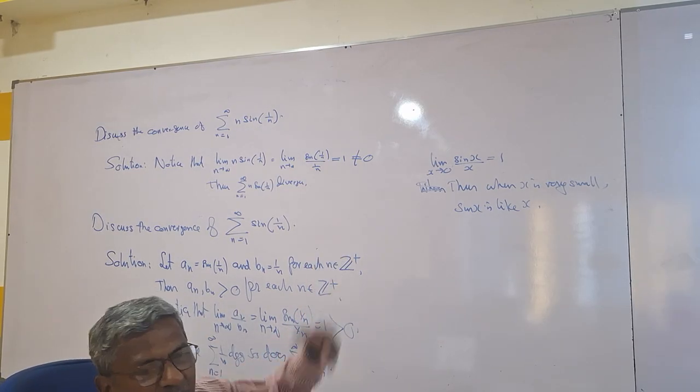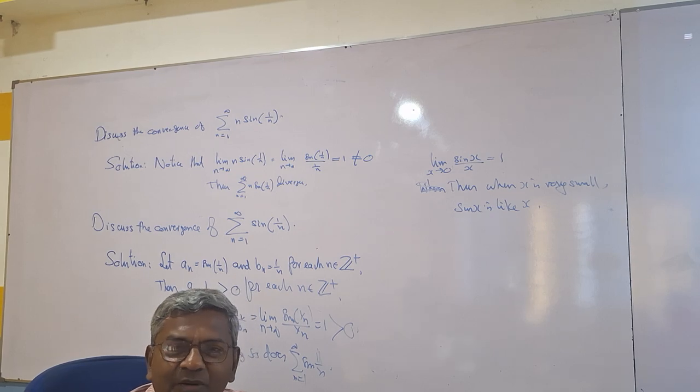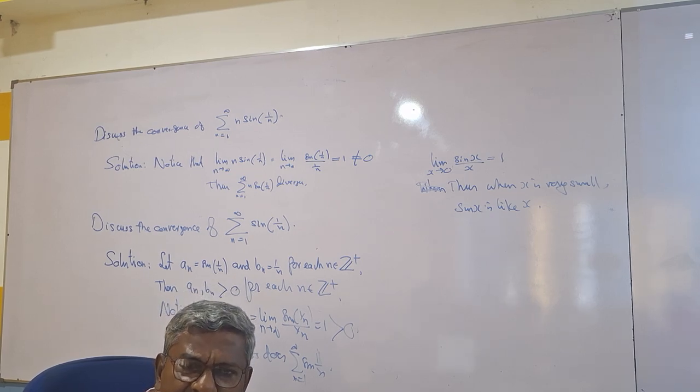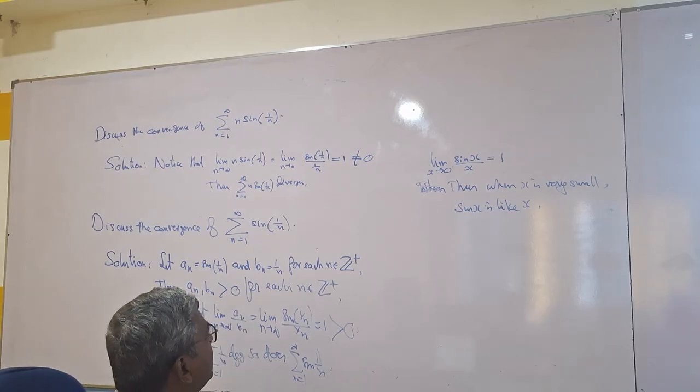For cos 1 over n, what about sigma cos 1 over n, by the way? Does it converge or diverge? Why? Nothing is obvious in maths. Sigma sin 1 over n diverges.